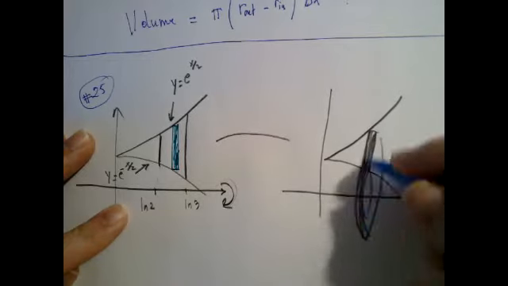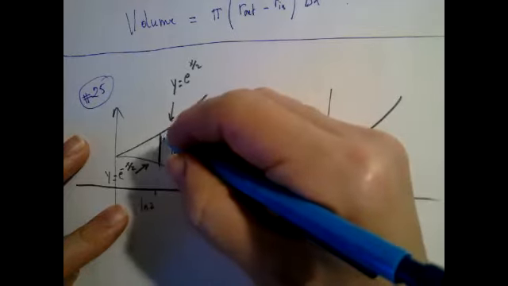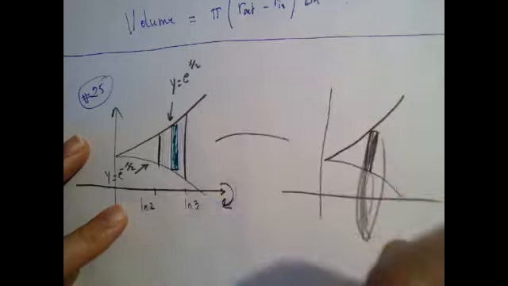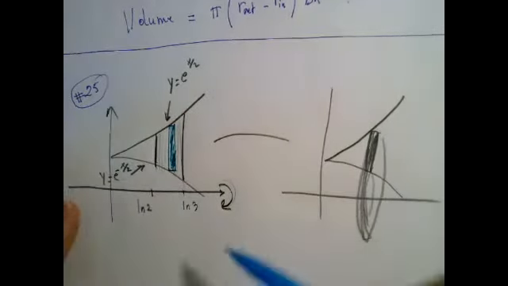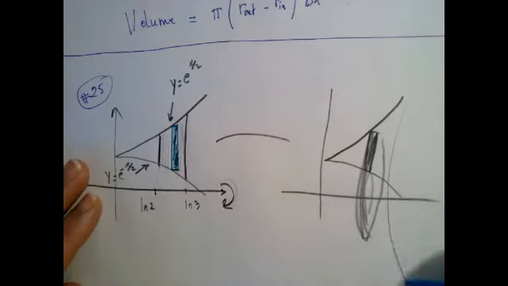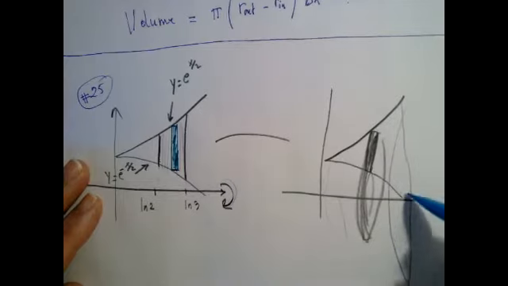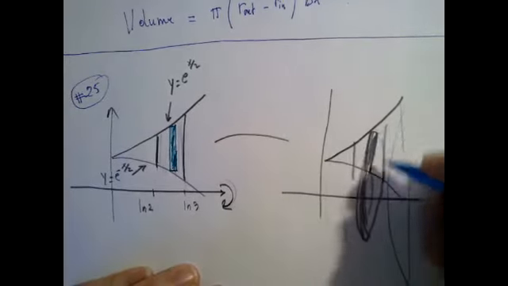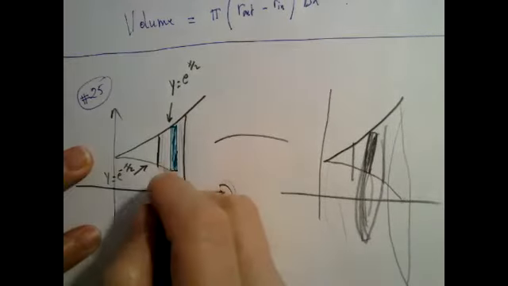That's the washer we get. We're going to find the volume of this washer, and then the idea is we're dividing the interval into rectangles. By rotating each one of them, we're going to fill the inside of the whole solid. That's the whole solid. We're going to fill it with rectangles. All right, so let us get started.